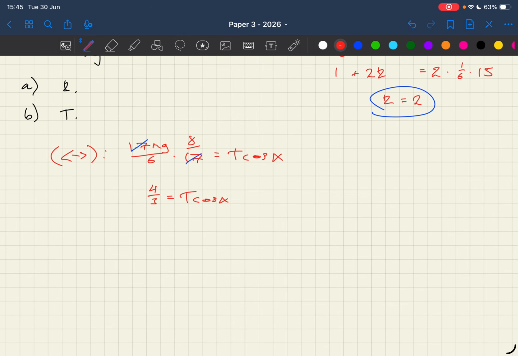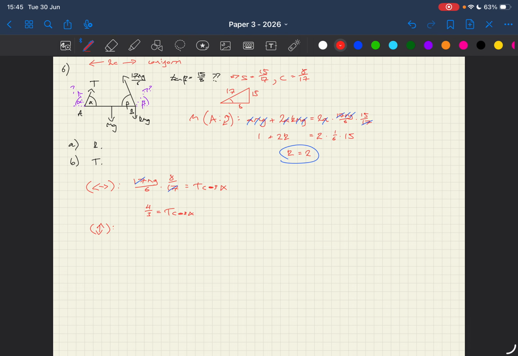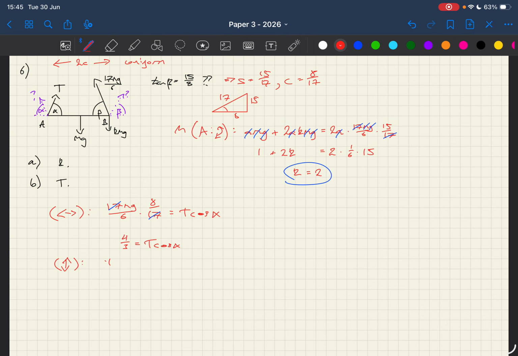That looks good. Let's have a look at doing this vertically. So a similar sort of idea. We're going to have T sine now pulling us up. We're also going to have the 17 mg on 6 times its own sine. So 17s go, 15 on 6 is going to be 5 on 2.